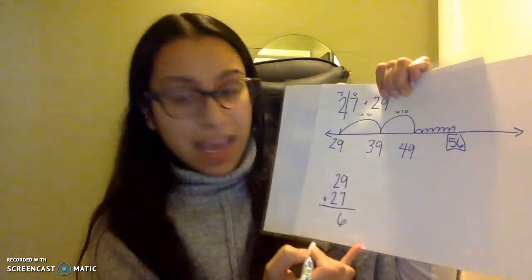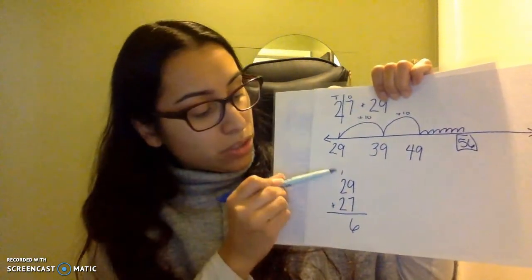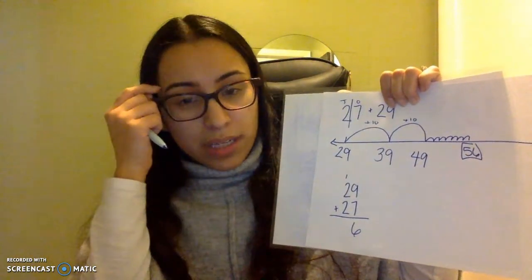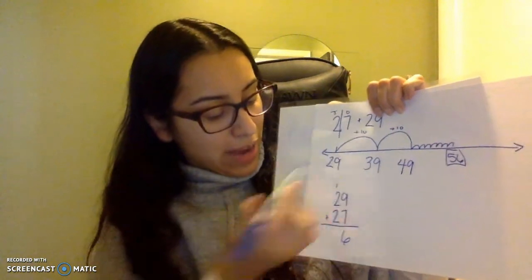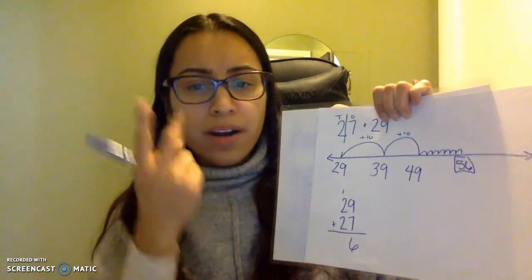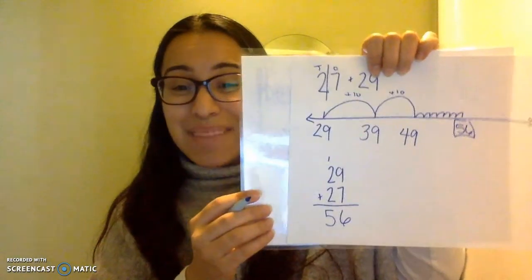I'm going to put my ones down, and I'm going to put my tens next door. Now I'm going to do 1 plus 2, 2 in my head, plus 1, 2, 3. So now I have 3. And 3 plus 2, 3, 4, 5. Look at that, we got the same answer.